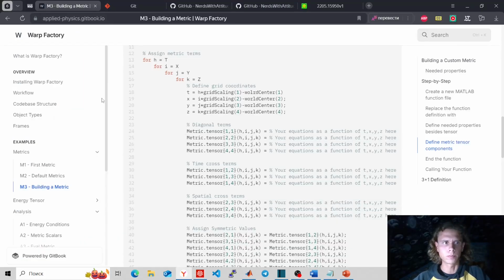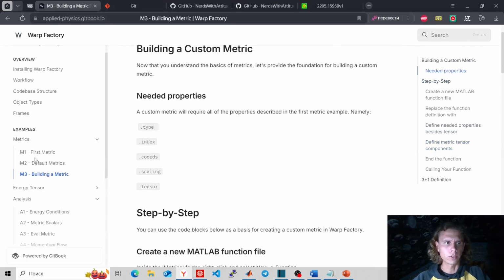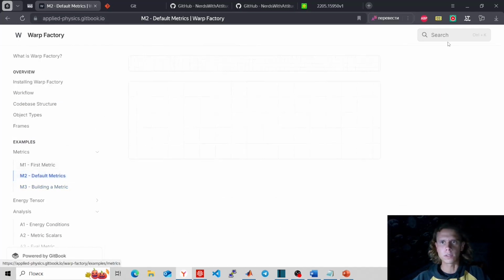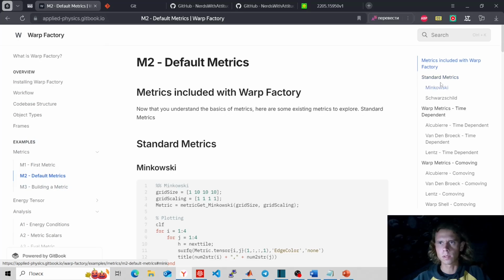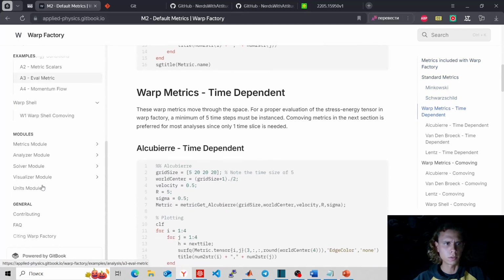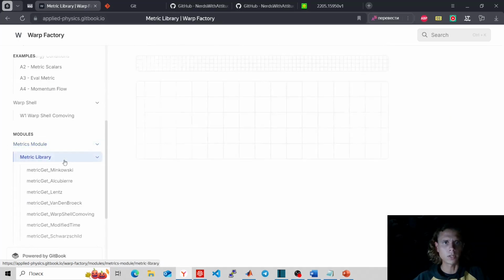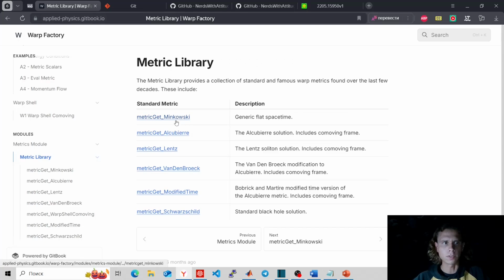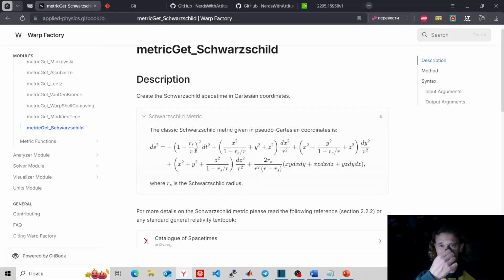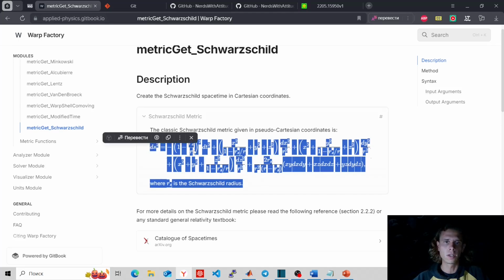And for example, we can look at this. So Schwarzschild, not here, so here, the metric module, the metric library, and for example the Schwarzschild metric, and you see the Schwarzschild metric in Cartesian coordinates has the following form.